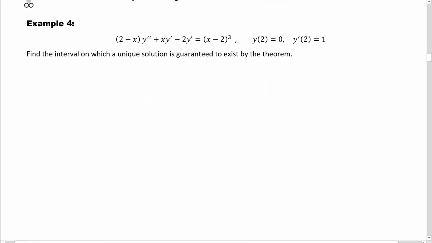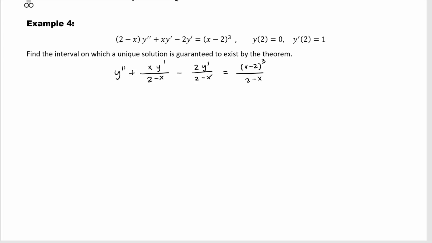Okay, so find the interval on which a unique solution is guaranteed to exist by the theorem. So let's make it into the standard form. Okay, so here we have x y prime over 2 minus x minus 2y prime over 2 minus x equals x minus 2 cubed over 2 minus x.